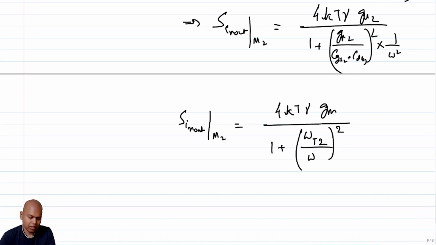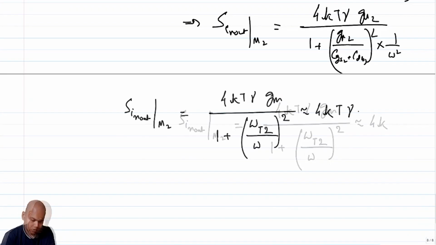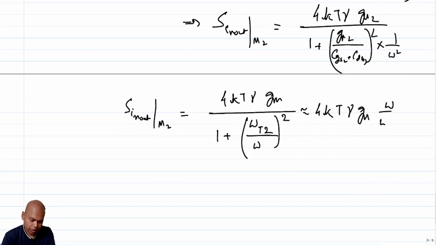Obviously, everything we are designing is such that, as you can see, if you are biasing your transistor in such a way that your omega T2 is much greater than omega, then this is approximately equal to 4kT gamma GM times (omega by omega T2) whole square.